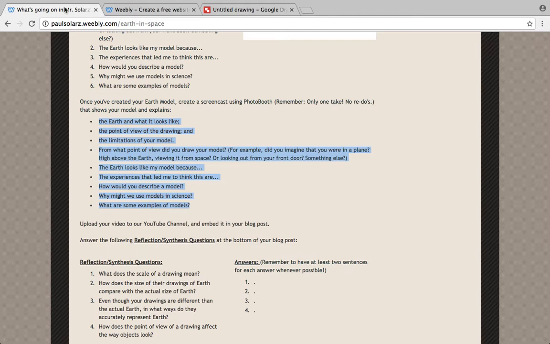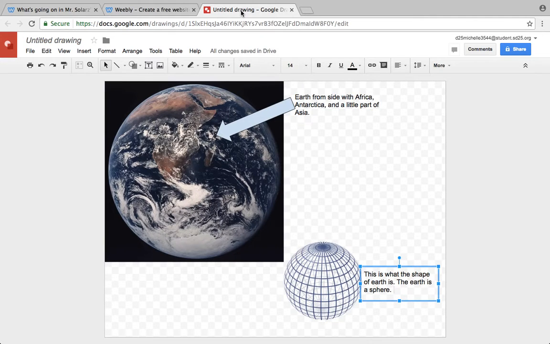The limitations of your model. What that means is, what can't your model do, or what can't you see in your model? What you can't see in my model is the North Pole, or America, Europe, and Australia from this point of view.